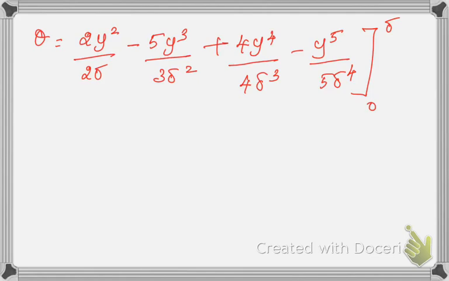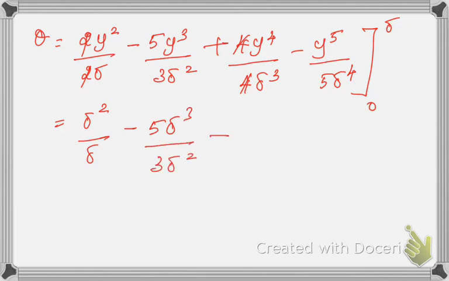If I apply the limit 0 to del, here I can cancel off 2 and 2, and this 4 and 4, and common terms we can take off. Instead of y squared I can write del squared by del, minus 5 del cube by 3 del square, plus del power 4 by del cube, minus del power 5 by 5 del power 4.